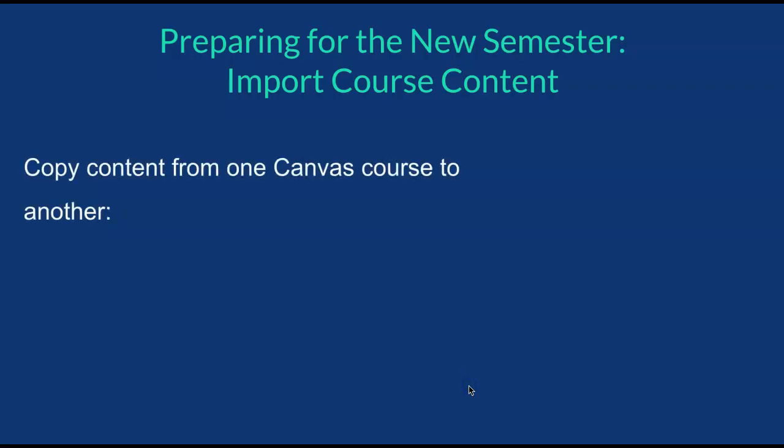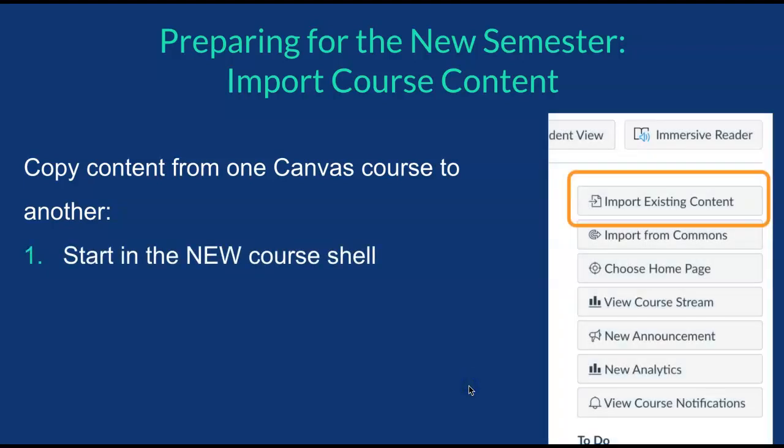Okay, the next tip is about importing course content. It's very easy to copy content from one Canvas course to another. And to do this, you want to begin in the new course shell for the new semester. And I'm going to go into Canvas now to show you how to import existing content.